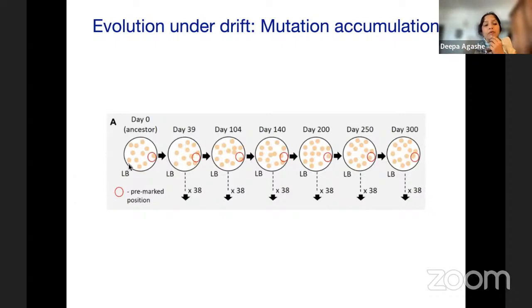Here's an example with E. coli on bacterial plates. You take your ancestral plate, you randomly choose one colony which you transfer to the next plate, and so on. Because you're choosing randomly, not based on whether a colony is big or small, you're going to end up accumulating random mutations. Now, what mutations are going to be missing in this scenario? Of course, you will miss the lethal ones.